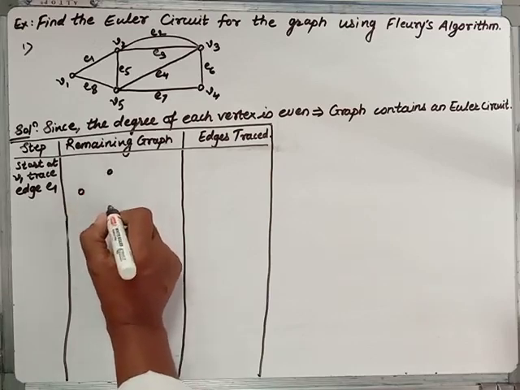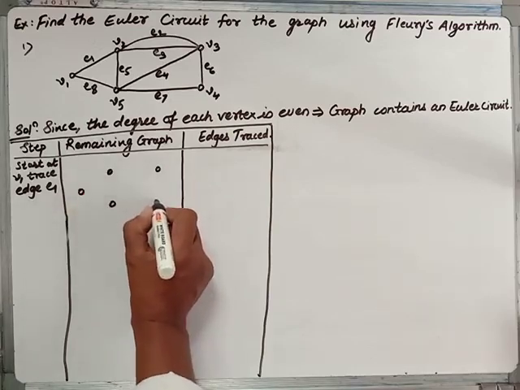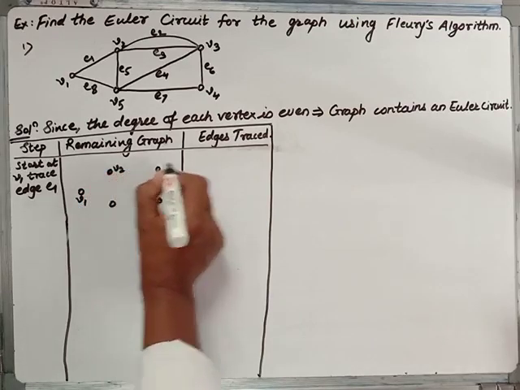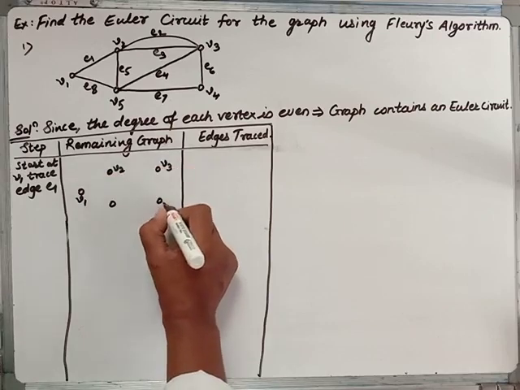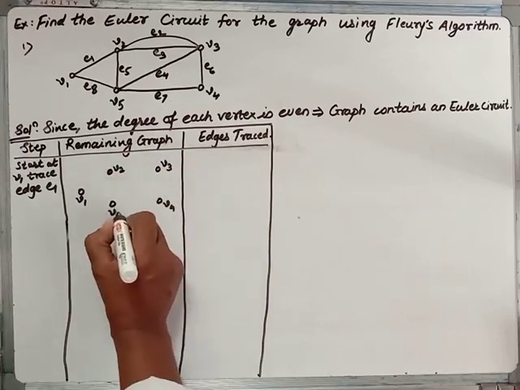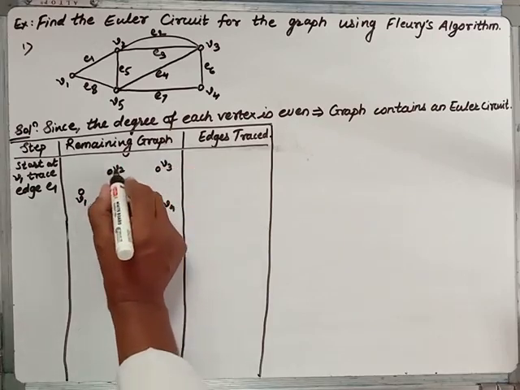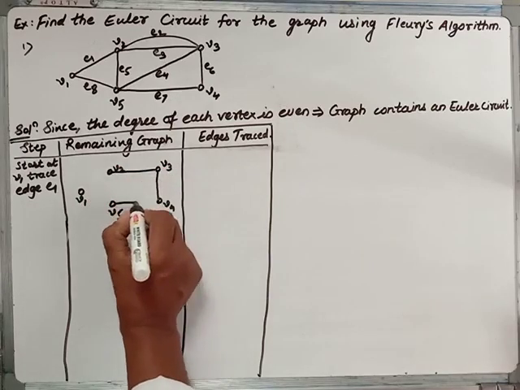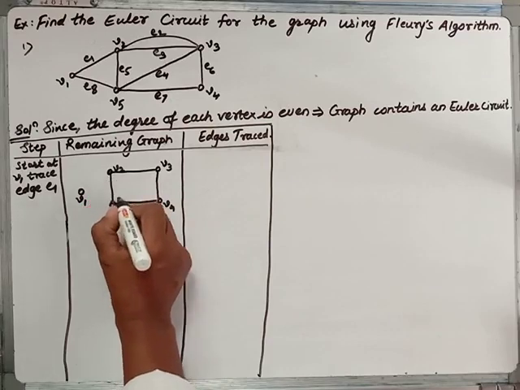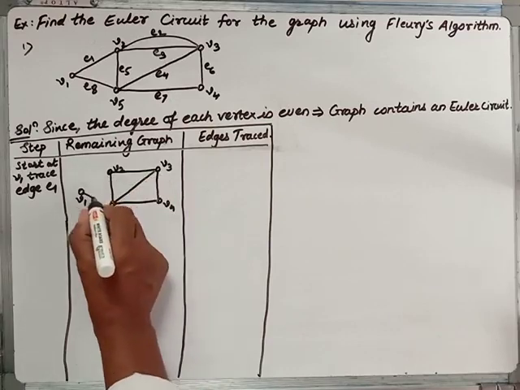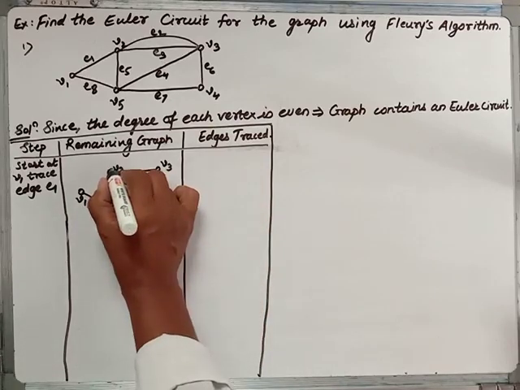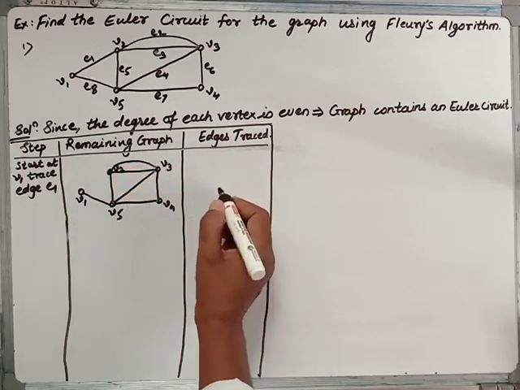V1, V2, V3, V4, V5. I won't draw E1; simply I will draw the other edges. Sorry, here one parallel edge is left.